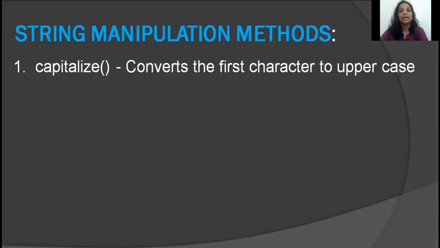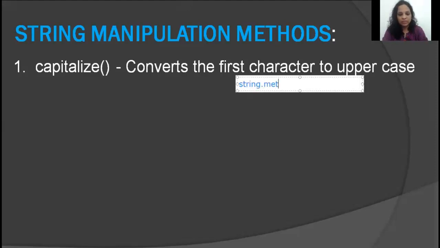And how do you access these methods? Before I tell you the various methods and how you will be using them, I need to tell you how you will be accessing all these methods. So the format of accessing all these methods is as follows. You will be writing the string or the string variable, whatever it is, dot, the name of the method that you want to call, and if the method takes any parameter, then the parameter.